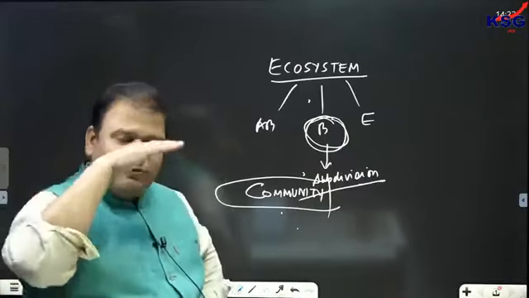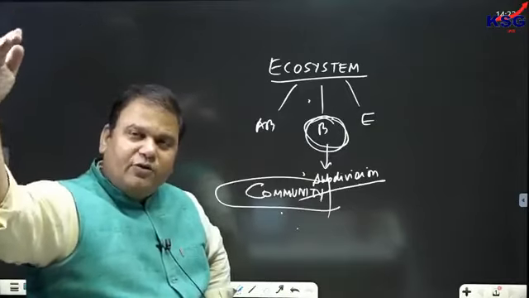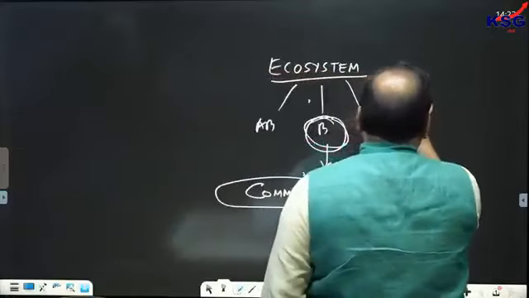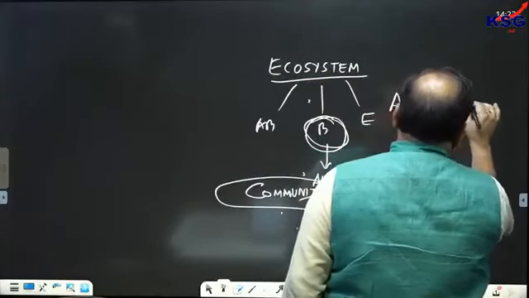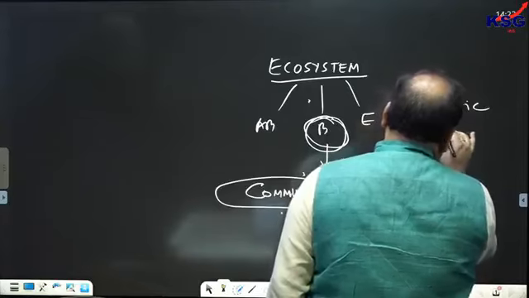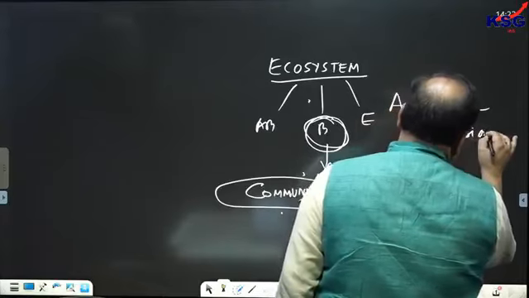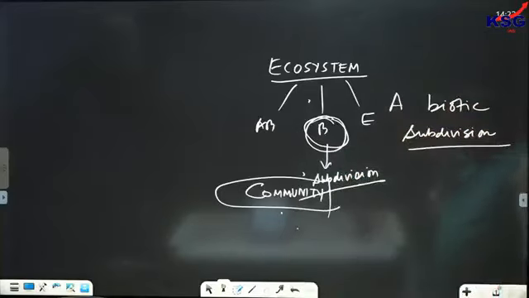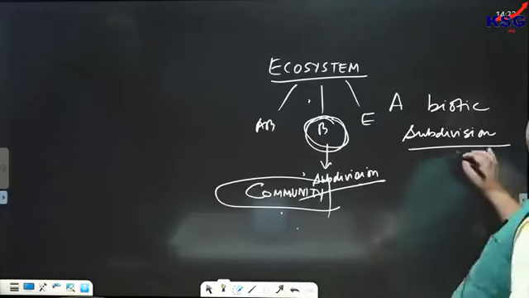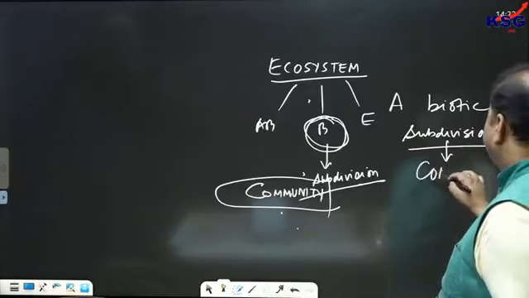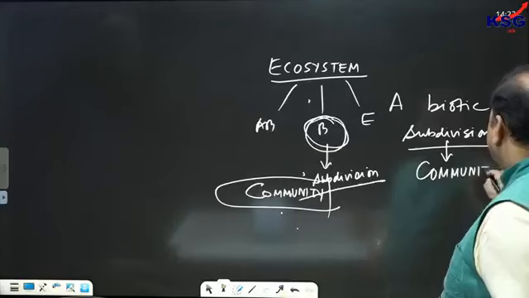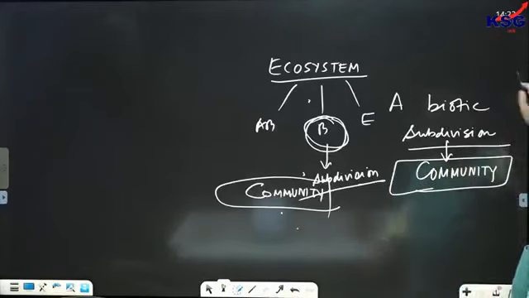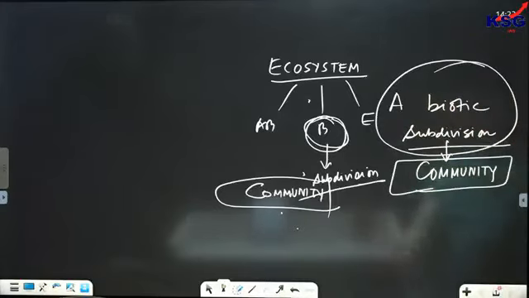Write down: a biotic subdivision of the ecosystem is referred to as community.